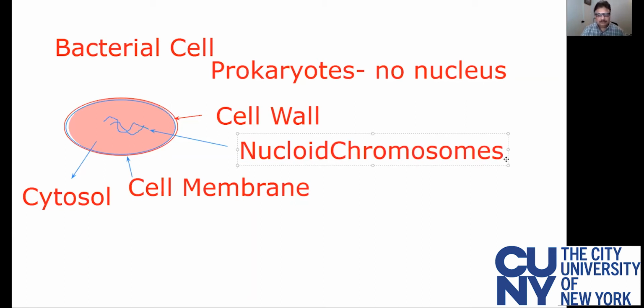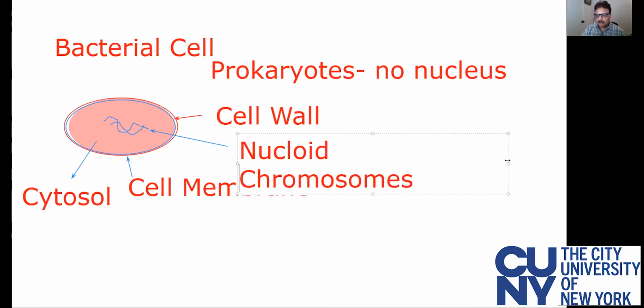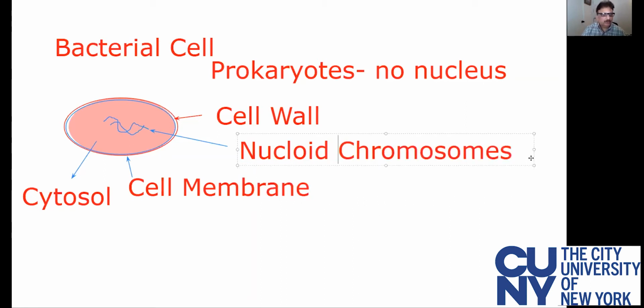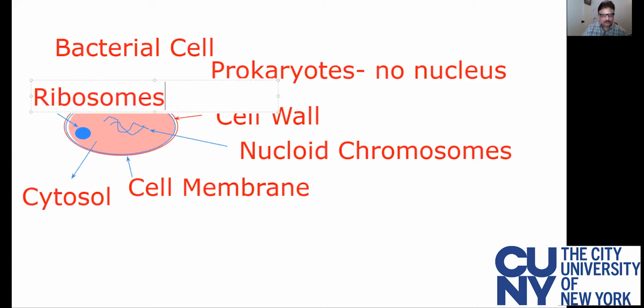Now, one of the essential aspects to support the bacterial cell is another organelle which is present inside the cytosol of the bacteria. This essential organelle is called the ribosome.